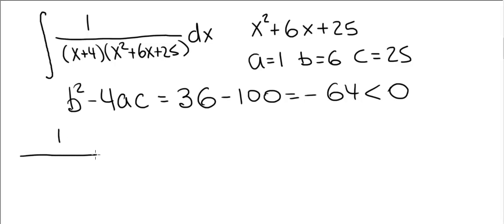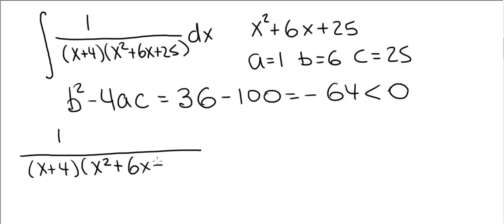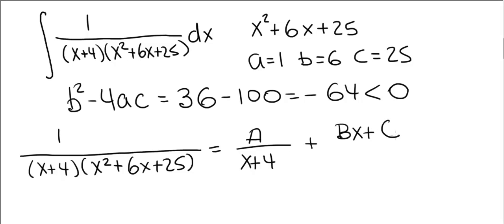Now let's use partial fraction decomposition to break down 1 divided by x plus 4 times x squared plus 6x plus 25 into easier parts. We have a constant A over the linear term x plus 4, plus a linear expression of the form bx plus c over the irreducible quadratic x squared plus 6x plus 25.